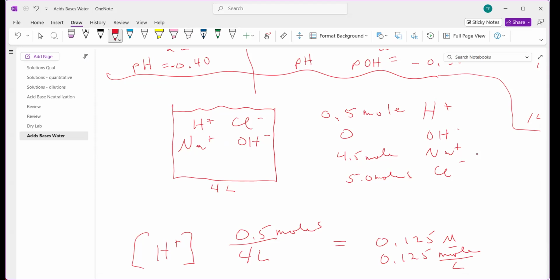Sometimes this stuff starts repeating, so you need some gimmick to make sure you know it's not one versus the other. So when you're writing M, make sure you write an uppercase M and not a lowercase m. As you get into more and more science, this is a problem. When abbreviations start overlapping like this, you have to be really careful the way you write them.